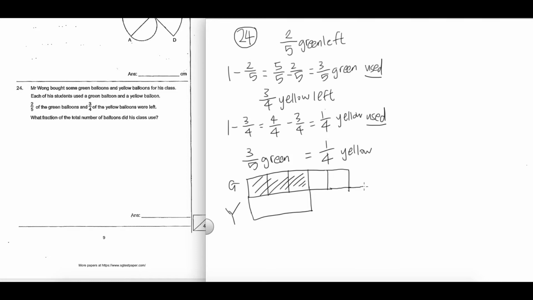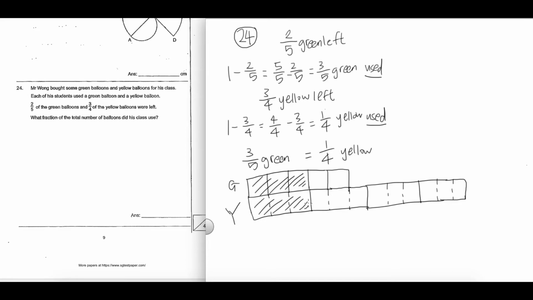Okay, so this is 2, 3, 4. Got it? So I'll cut this so that we can deal with the same units. Alright, so 3/5 equals to 1/4 of yellow. So that's how I do it.